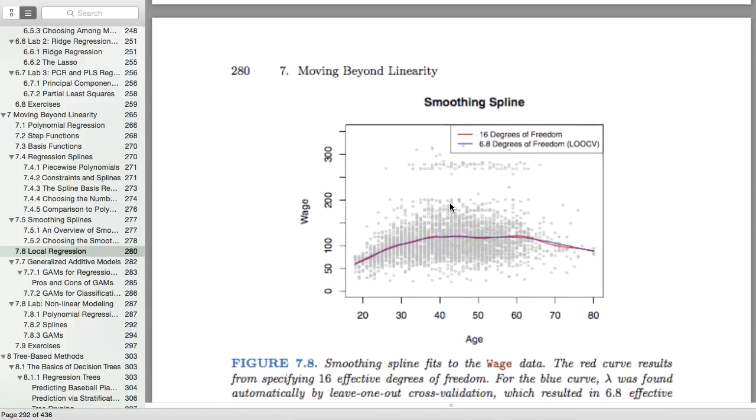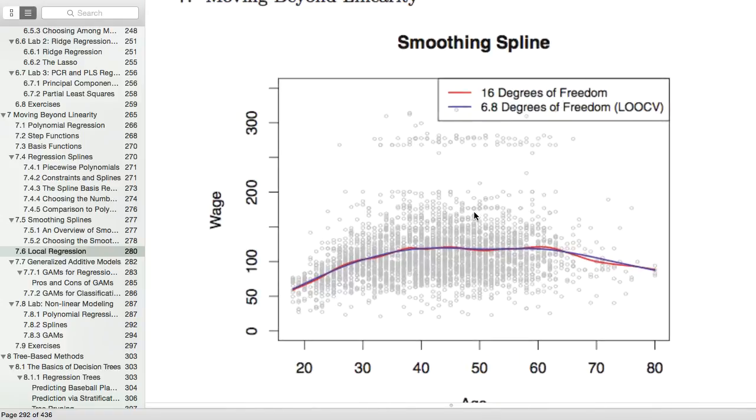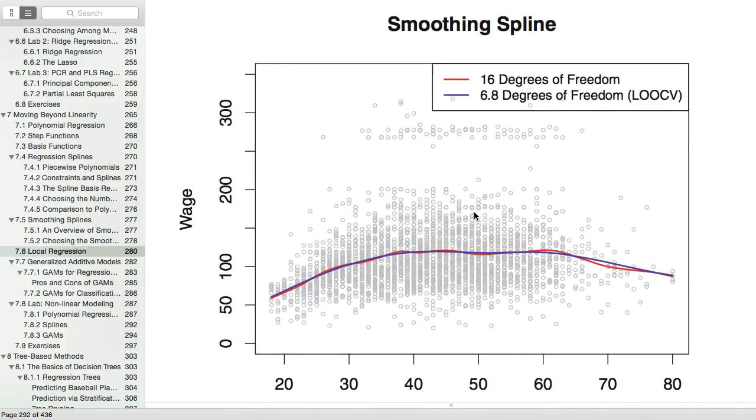And the point that is made here is that choosing the smaller degrees of freedom obeys the principle of Occam's razor. So the idea here is that choosing the smaller number of degrees of freedom is choosing the simpler model, because there are fewer free parameters. Remember that degrees of freedom reflects the number of free parameters, and if we have fewer free parameters, it's easier to explain the model.